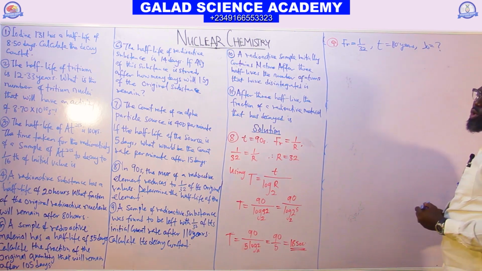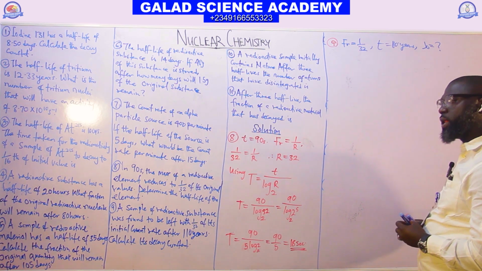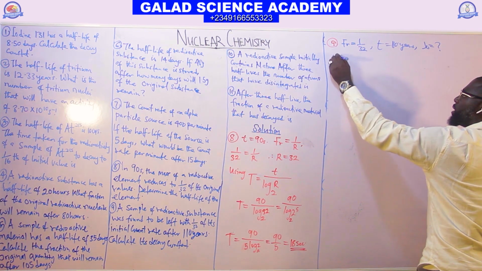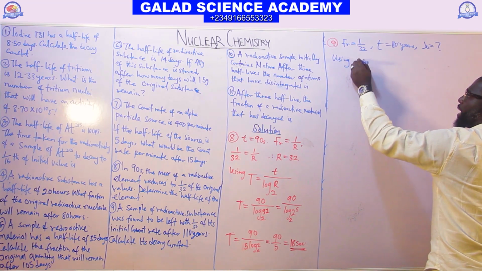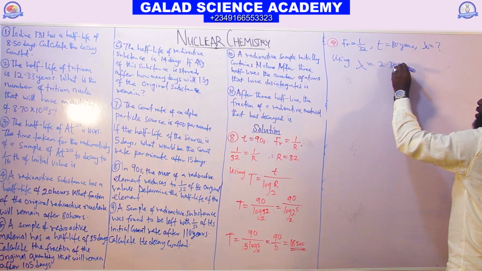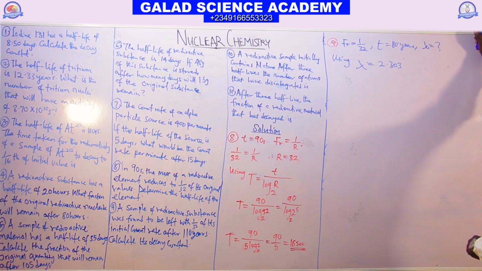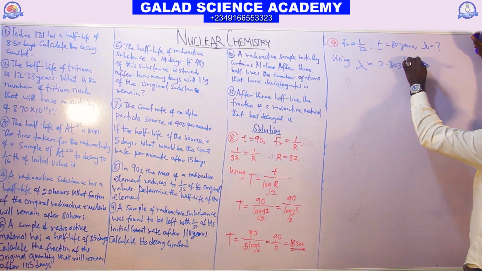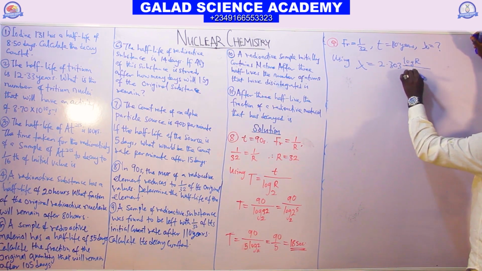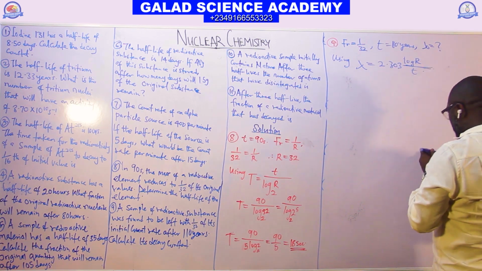To know the decay constant here, we will apply this formula: lambda should be equal to 2.303 logarithm of R over small t. Please note this formula.